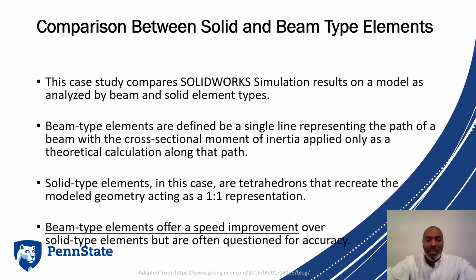The beam elements offer a speed improvement, which is why they're actually used. They greatly reduce the number of degrees of freedom, that is the number of things that your problem has to solve for, but they're often questioned for accuracy over solid element types, but we'll show that in certain applications they work just fine.